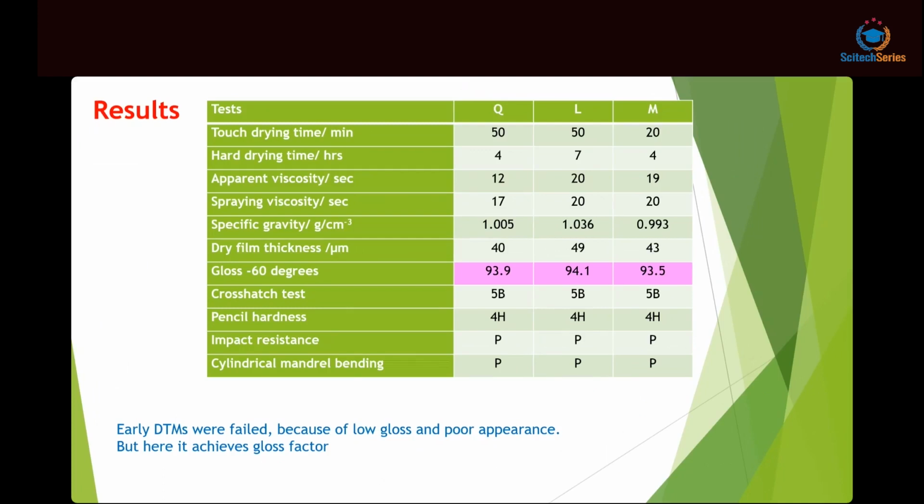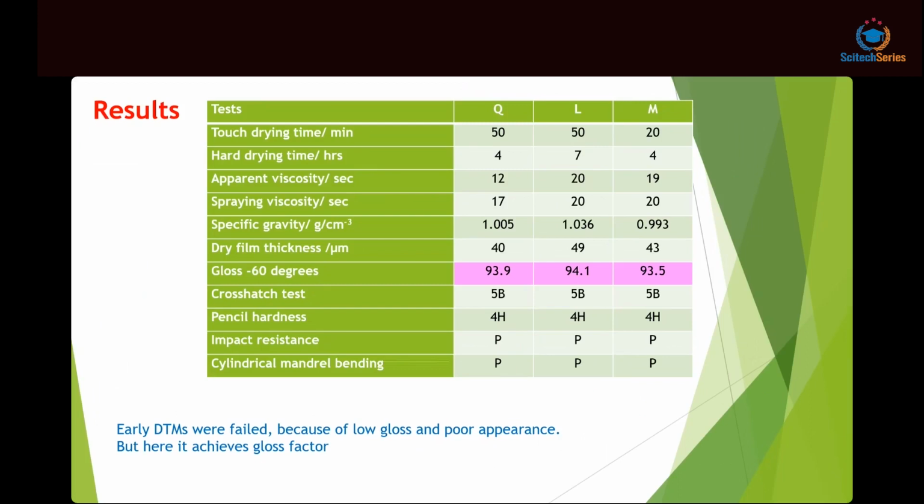Hard drying time, the slight difference is there, but our one is relatively best when we compare with L. L is 7 hours, but our one is 4 hours. That means our one dries rapidly. It is a good thing. So the painters can do their painting work very fast, right?